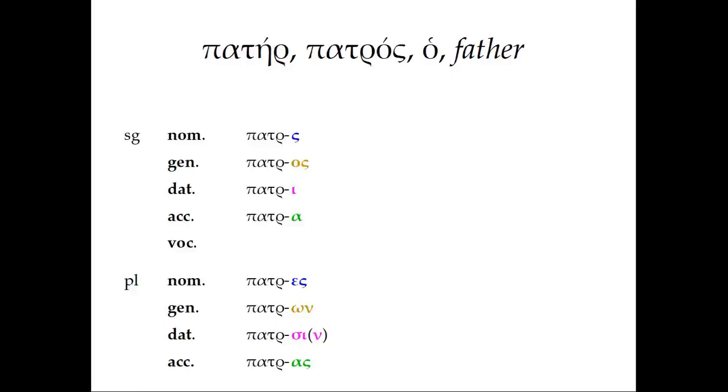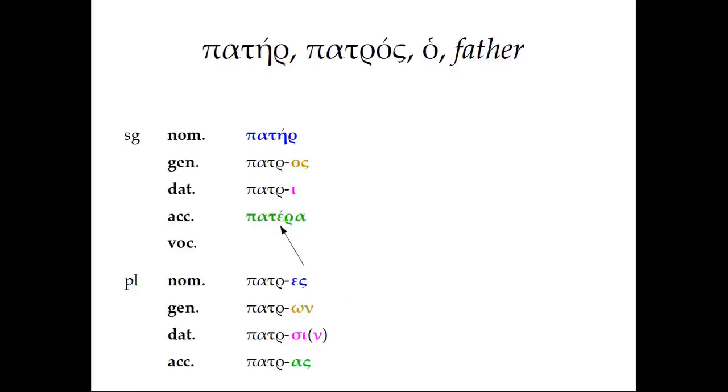So in the nominative singular, we've seen this before, patēr. And the next irregularity we're going to see is actually in the accusative singular. It doesn't have to do with accentuation so much. We're going to see, probably for purposes of pronunciation, an epsilon creep in to the stem there.